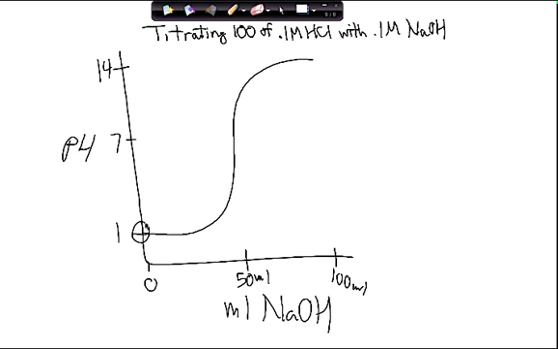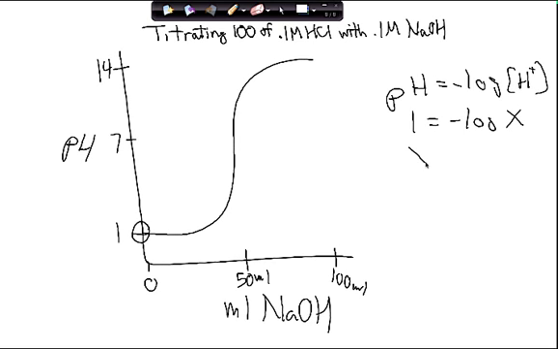Because it starts at pH 1. Guys, how do you find the pH of a strong acid? This is HCl, right? This is a strong acid. So if the pH is equal to the negative log of hydrogen ion concentration, if the pH is 1, that's the negative log of X, so X is 0.1.